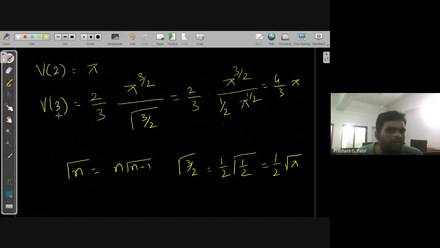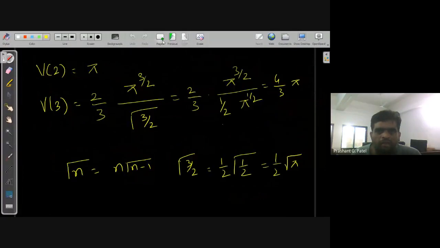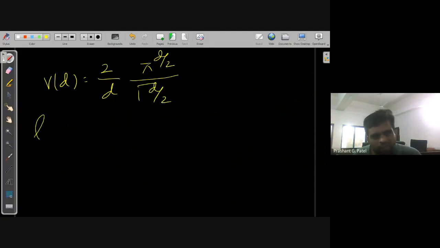And now, what I told you: what will happen if D tends to infinity? V_D we have here, that is 2 by D, pi raised to D by 2 upon gamma D by 2. What is the limit of V_D as D tends to infinity? This will tend to 0, because in the numerator you have an exponential function, that means pi raised to D by 2, exponential in D by 2.